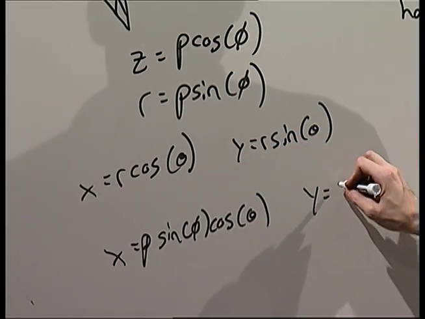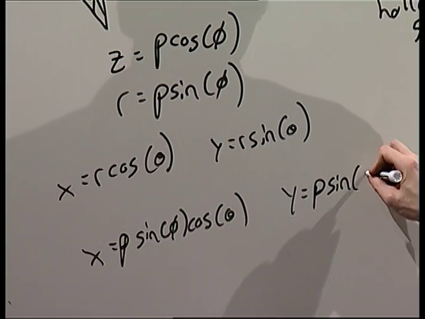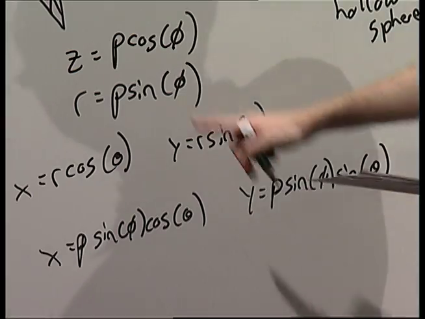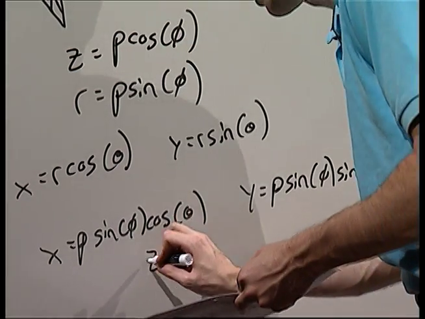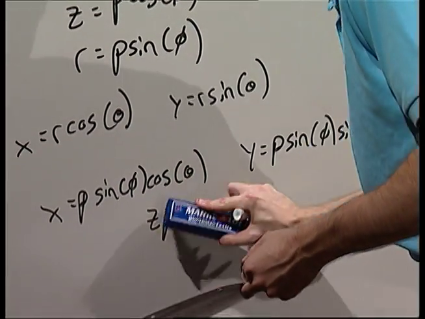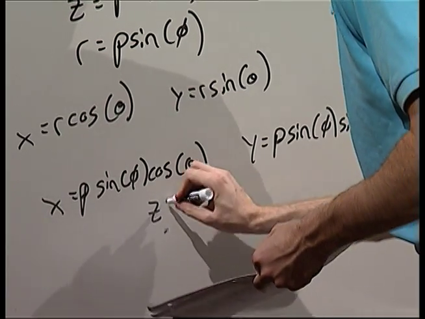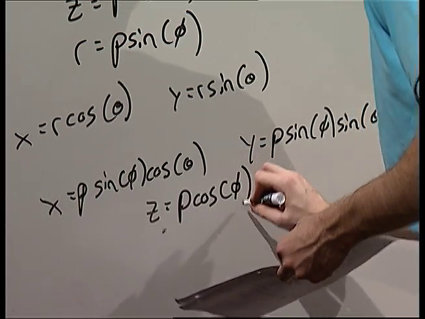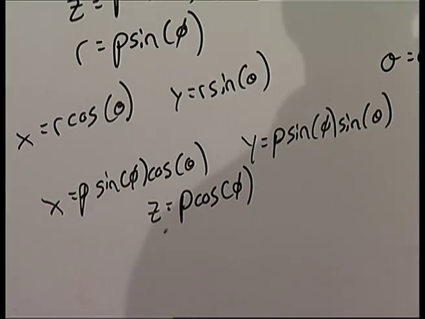You get y equals rho sine phi sine theta, right? And then z is just what it is. It's just rho cosine theta. Oopsies. Rho cosine phi, I'm sorry, not cosine theta. Rho cosine phi.